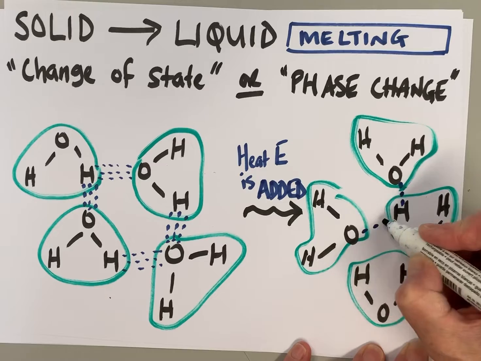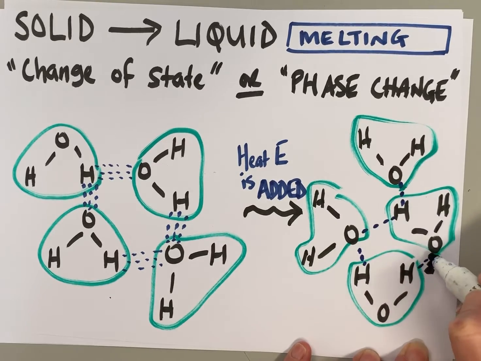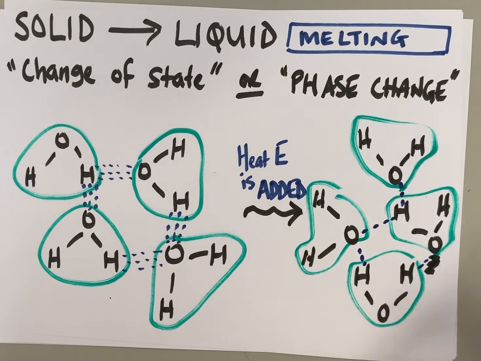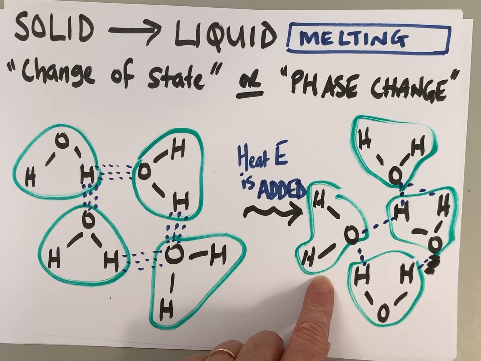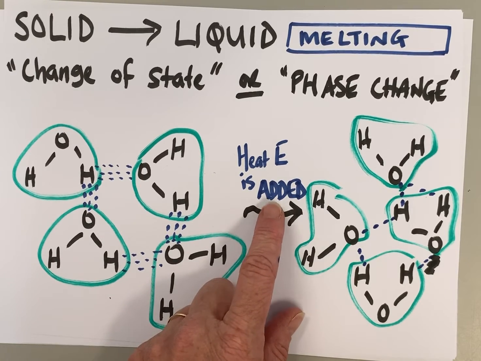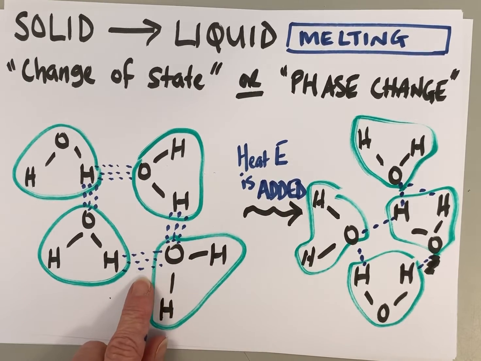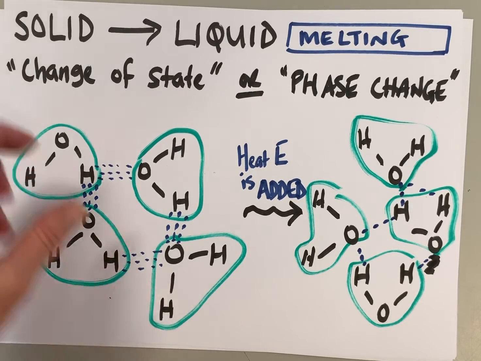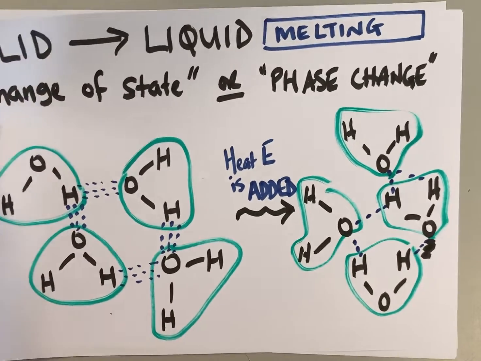So there are still WIFs, but there are less of them, okay? And that's what makes the liquid able to flow, if you like, because those molecules are still held together, but there are less WIFs. Okay, so the heat energy that you add in at the phase change is used to reduce the number of WIFs. That's a solid going to a liquid.